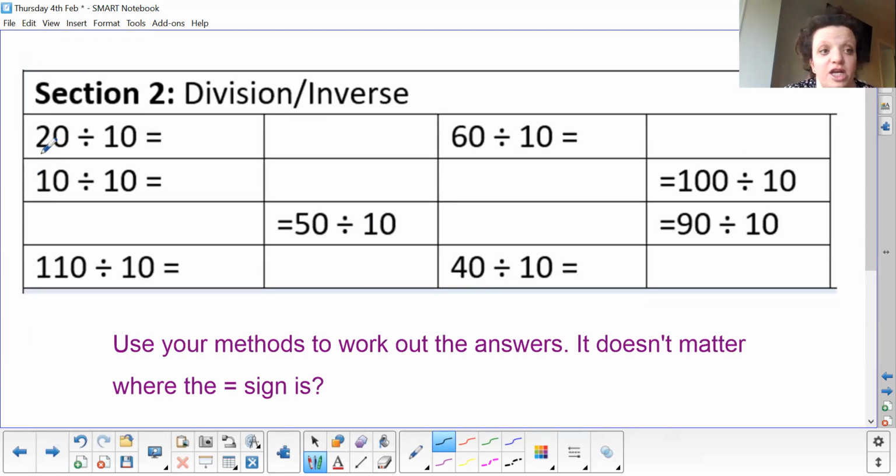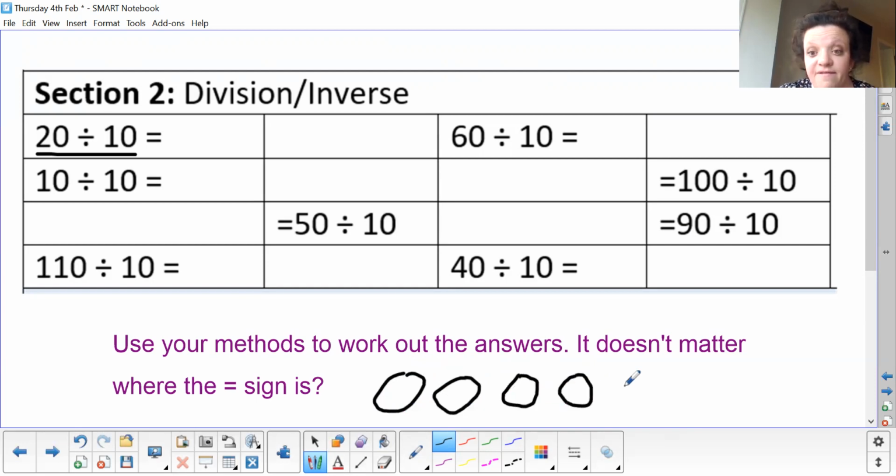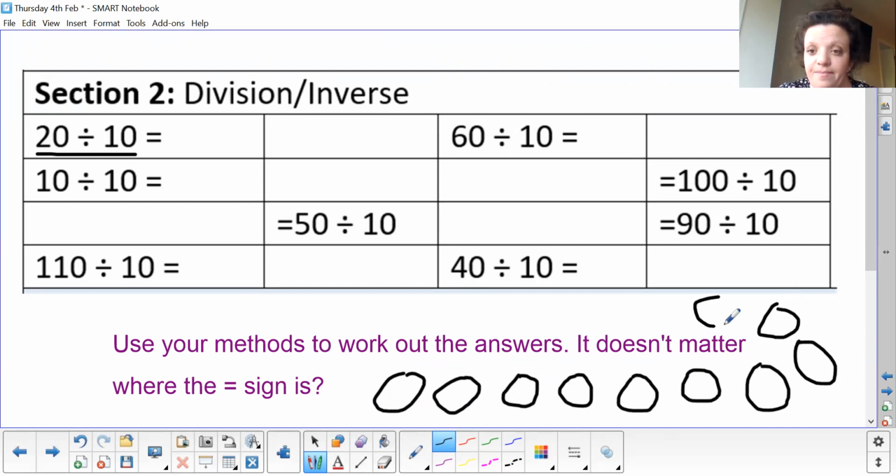Our division one we're going to do is 20 divided by 10. So 20 divided by 10, I can draw 10 groups. 1, 2, 3, 4, 5, 6, 7, 8, 9, 10.